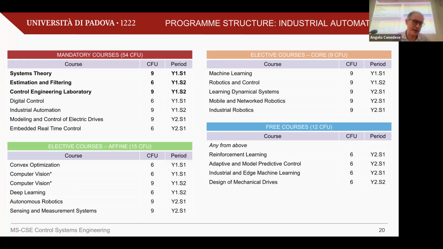And there is also one additional difference, that is this course, 6 credits, is taught by a colleague from the ICT telecommunication group, while this course, 9 credits, is taught by a colleague from the computer science group. So the flavor that is given to computer vision is slightly different.